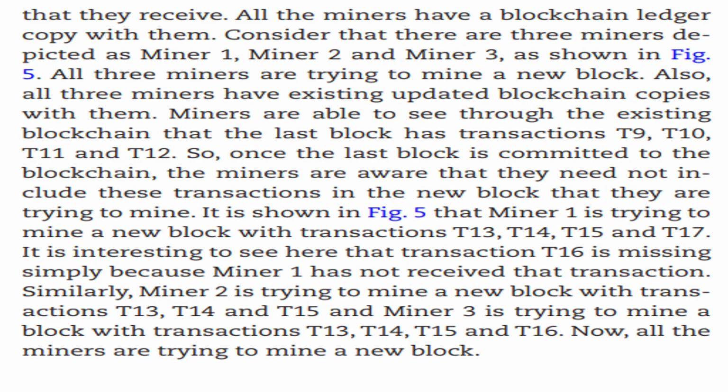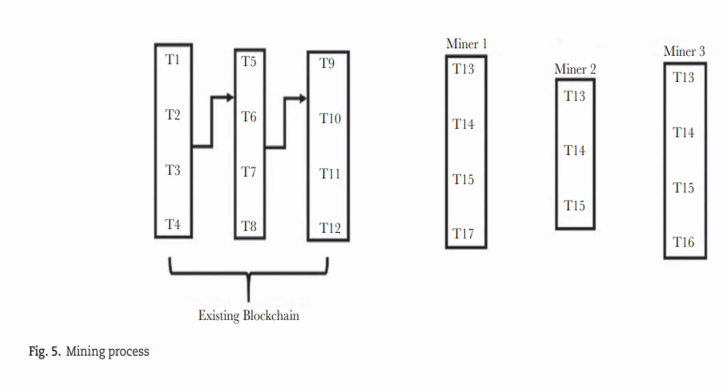Here one example is shown. Here we have three miners: miner one, miner two, and miner three, and this is the existing blockchain. For the sake of simplicity, there are three blocks. Block one has transactions T1, T2, T3, T4, which are already mined.